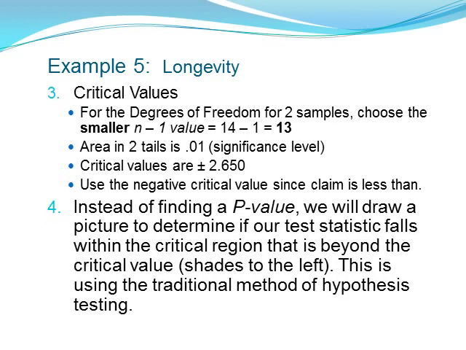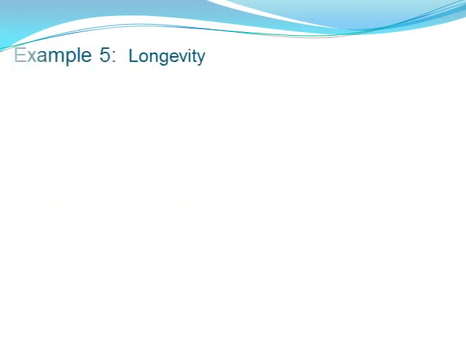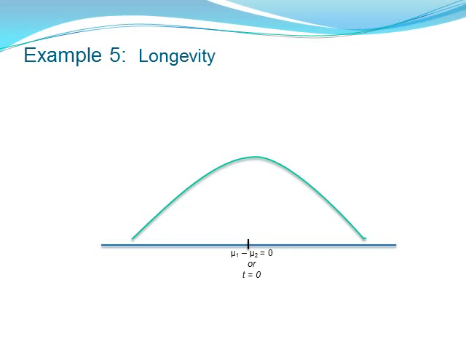Next, instead of finding a p-value, we will draw a picture to determine if our test statistic falls within the critical region that is beyond that critical value. This picture will mean, does it shade to the left, and does our value fall within that region or not? So to set up our graph, we sketch the standard normal distribution curve, and we have in the middle our null hypothesis statement.